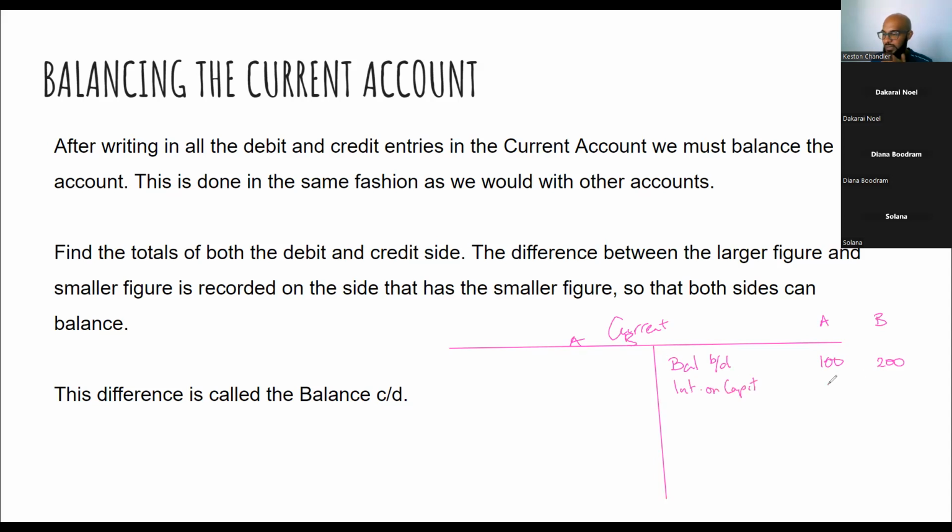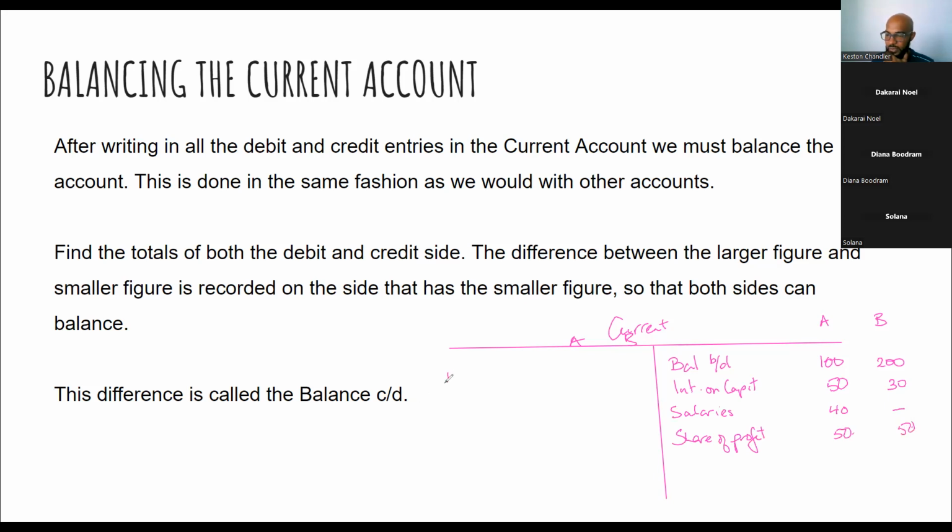Let's say this guy gets 50, this guy gets 30 for whatever reason. Then we have salaries. This guy gets 40, this guy gets none. And then let's say we have share of profits. Let's say this guy gets 50, and this guy also gets 50.